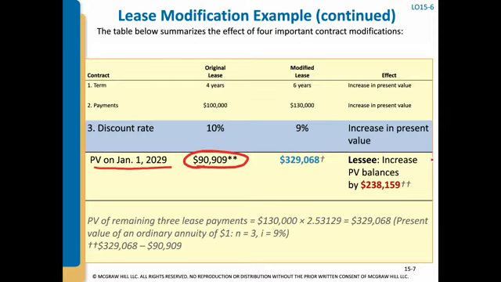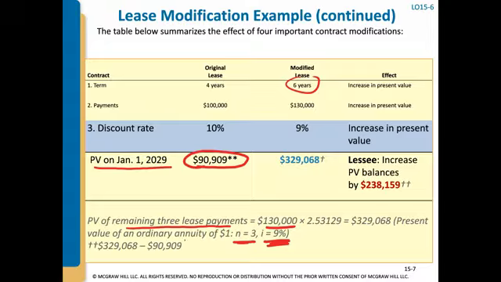Now here it shows on the bottom the present value of the remaining 3 lease payments, because now we've extended the terms by 2 years, but we still have 1 more payment left from the original lease. And now the next 3 payments are going to be $130,000, and we need to present value those payments. We're going to use the discount rate or the interest rate at the time of the modification, and now we're going to do it for 3 years, right? Because we've extended with 3 lease payments, so our n equals 3.